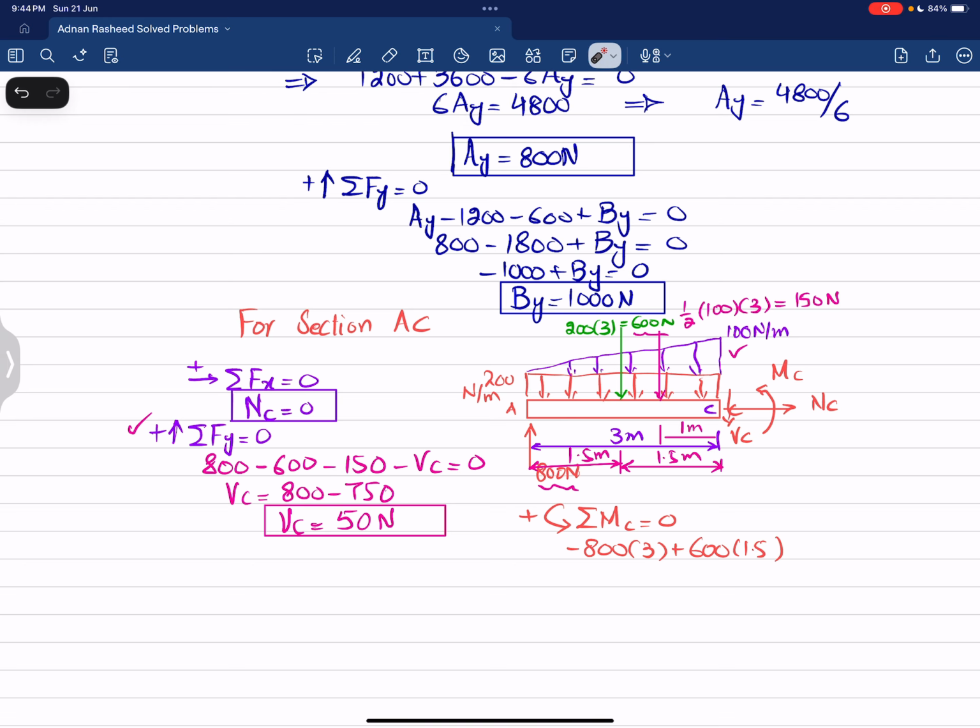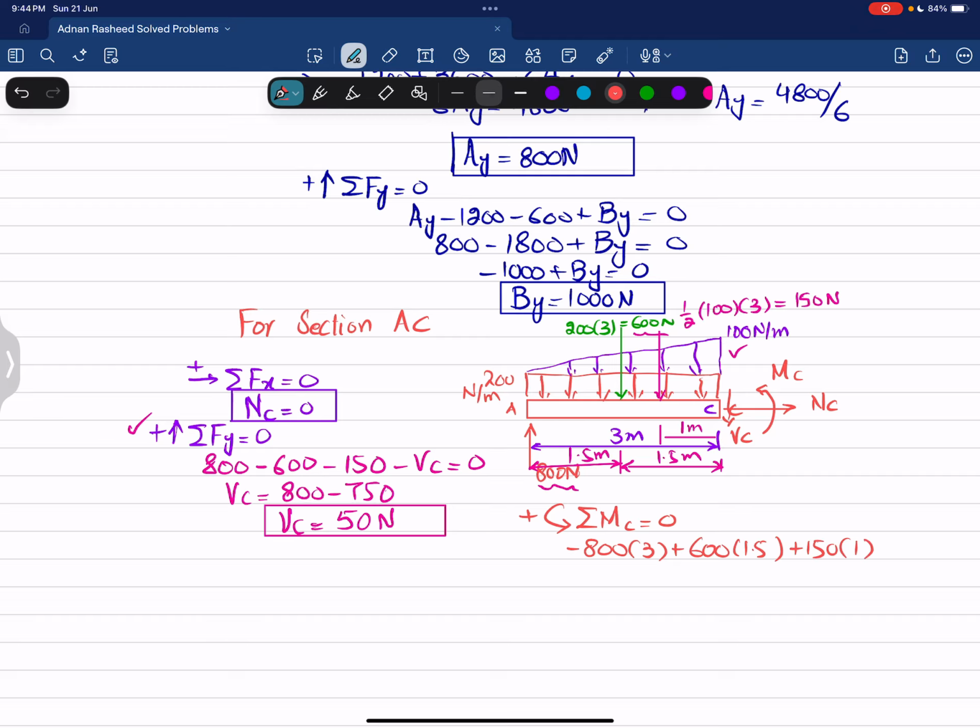The third force that is producing moment about point C is this one, which is 150, and perpendicular distance is 1 meter, and it is also producing counterclockwise moment, so it will be positive. So I can write plus 150 multiplied by 1, and the last moment, that is reaction moment taken as counterclockwise, so it will be also positive. Their sum must be equal to 0.